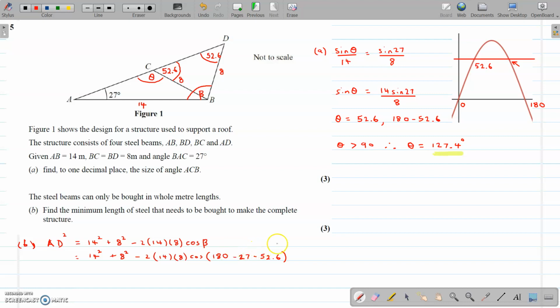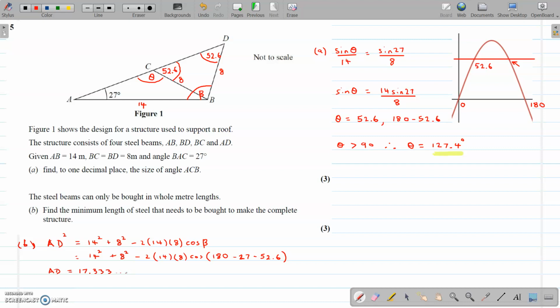So if you put that in, that gives you AD squared, and so AD equals, and it comes to 17.333. Now that's not 17.3 recurring, it just happens to be that to 3 decimal places.